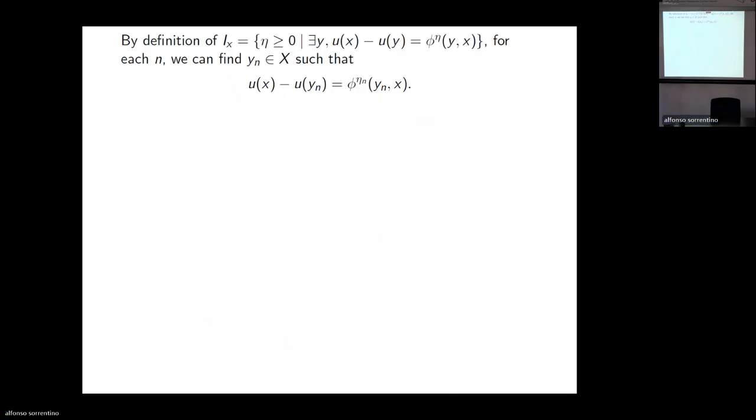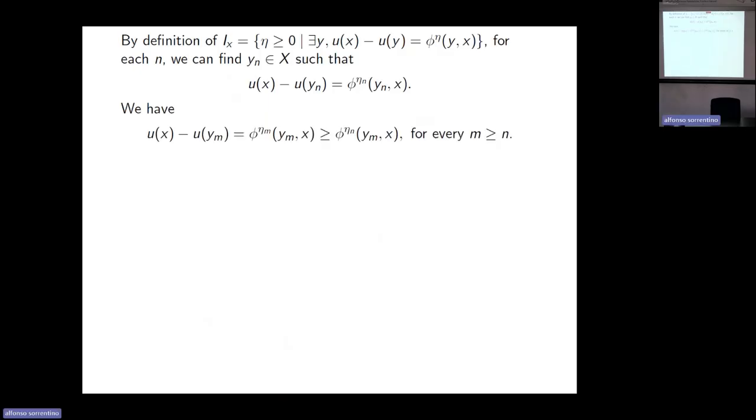Okay. So by definition of Ix, because the eta n are in Ix, for every n, I can find yn such that ux minus u of yn is phi eta n of yx. This is the definition of eta n being in Ix.